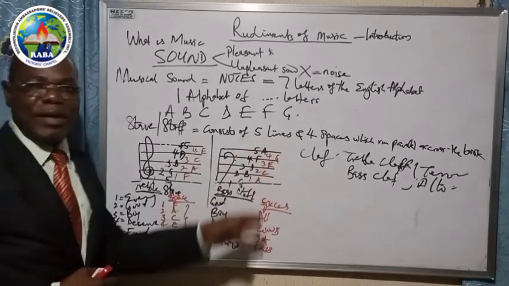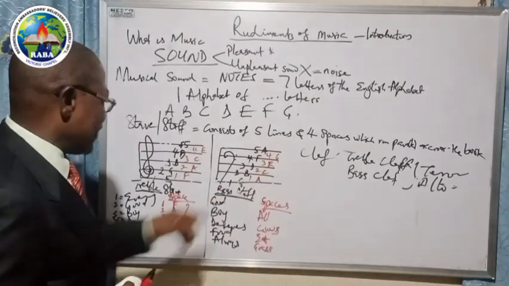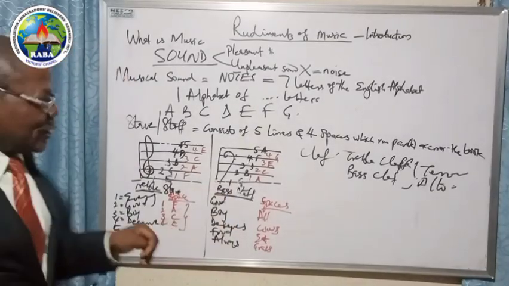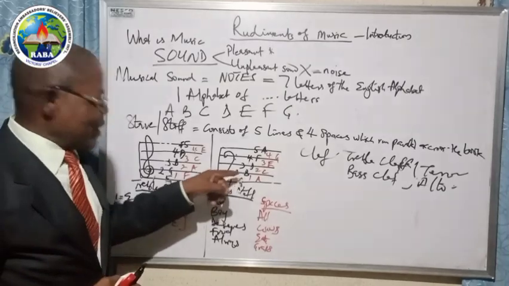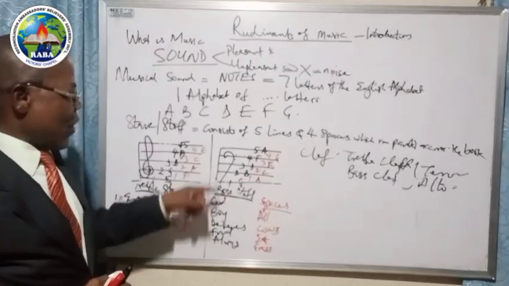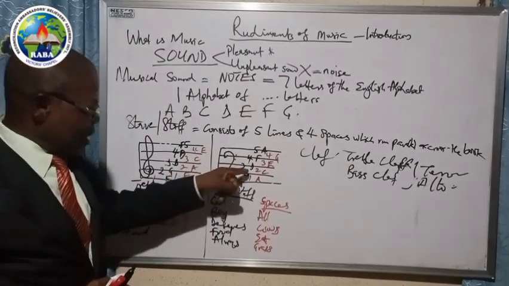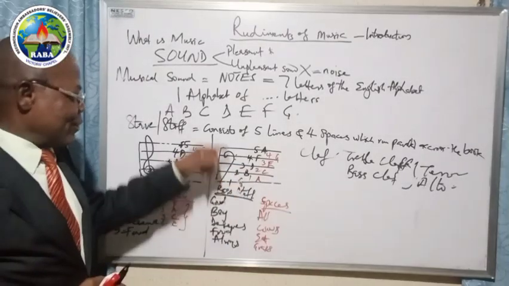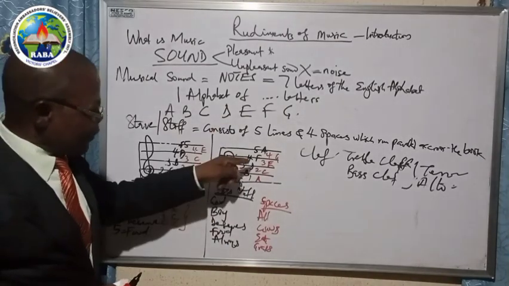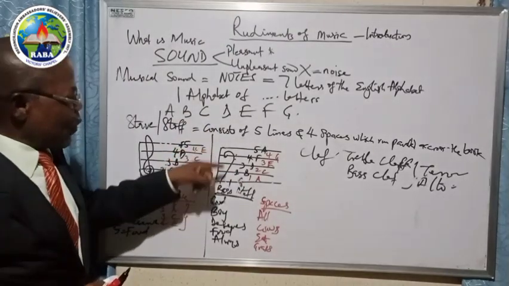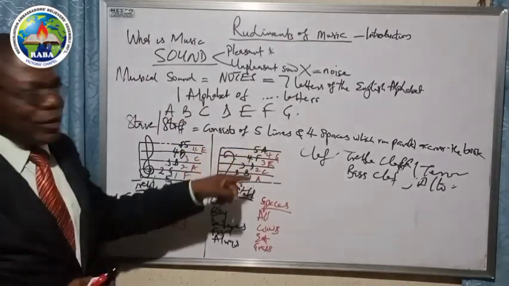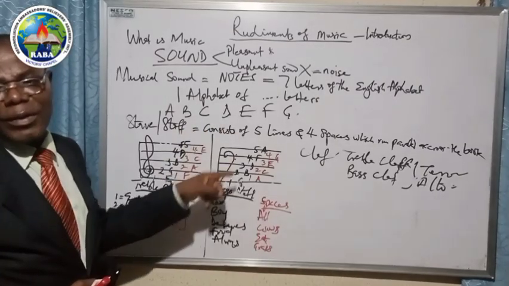Well, when you look at the bass clef, we say that G is on the first line of the bass stave. B is on the second line of the bass stave. D is on the third line of the bass stave, and F is on the fourth line of the bass stave, while A is on the fifth line of the bass stave.